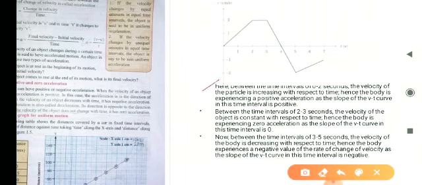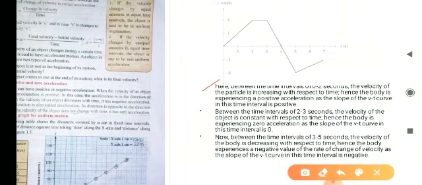Between the time intervals of 2 to 3 seconds, the velocity of the object is constant with respect to time. Hence, the body is experiencing zero acceleration as the slope of the V-t curve in this time interval is 0. Now, between the time intervals 3 to 5 seconds, the velocity of the body is decreasing with respect to time.